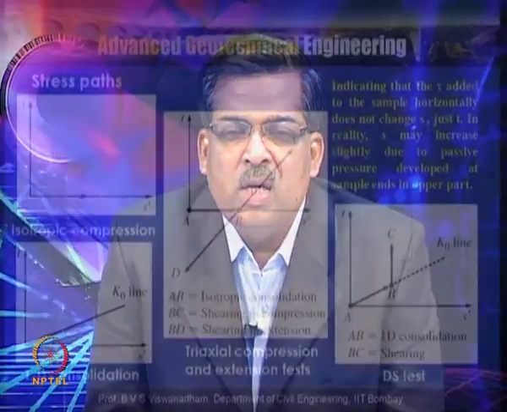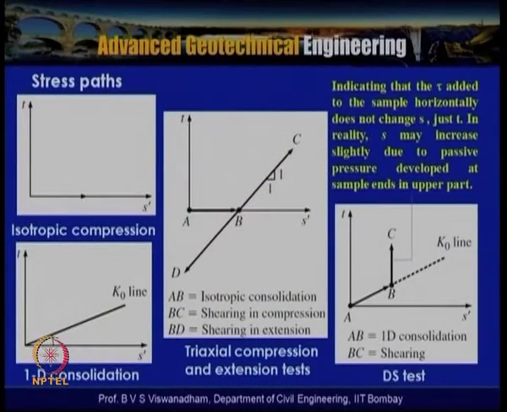So AB is along the k naught line. At point B the shear starts, and BC is the stress path which is followed in the direct shear test during shearing.